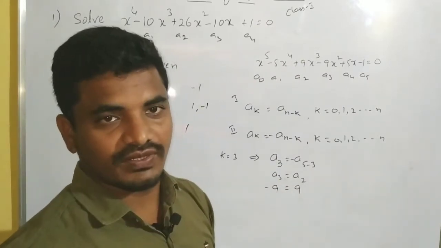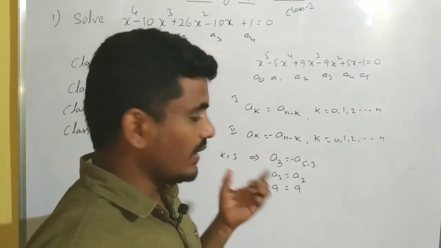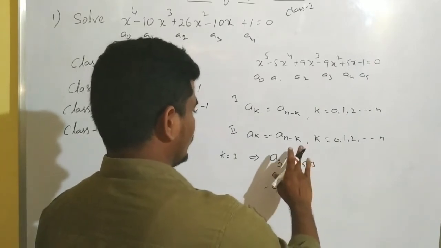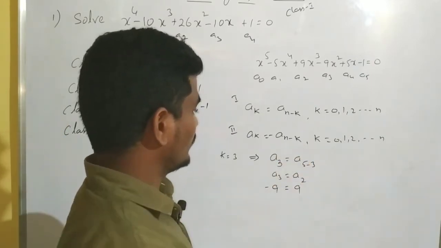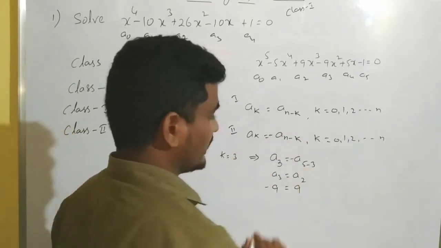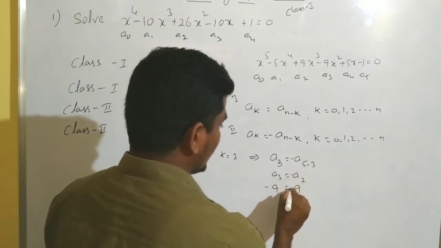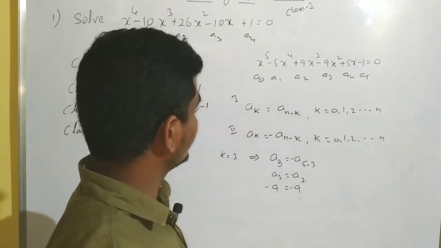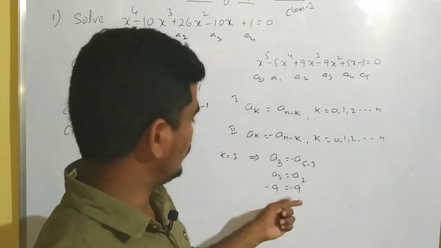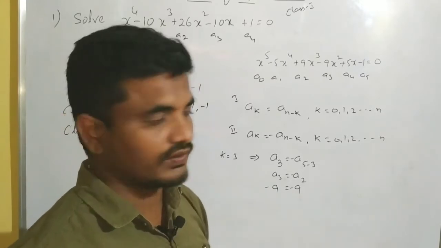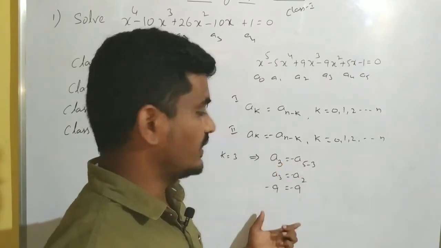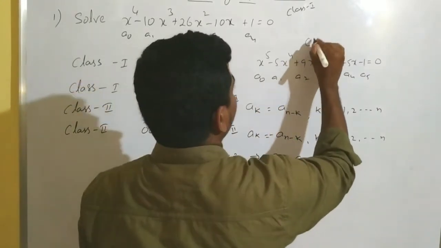These two are not equal. That's why we have to substitute in the second formula, which has a minus sign. When you take the minus, both become minus 9. Here A3 and A2 are both minus 9, so it is a class 2 equation. Substituting in the class 2 formula, the second one is class 2.